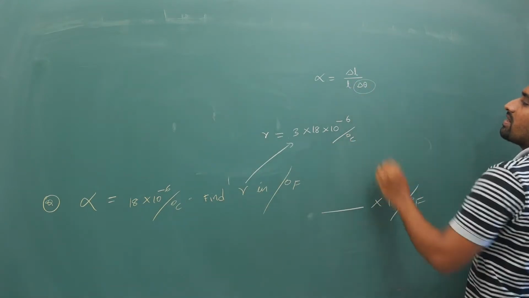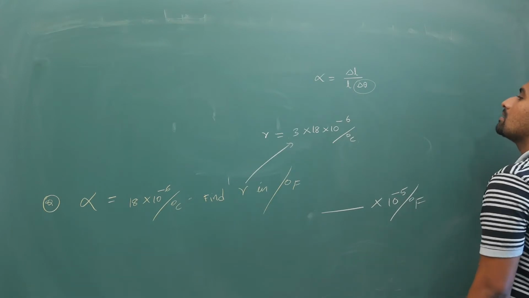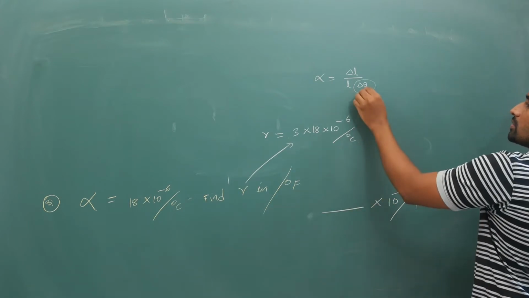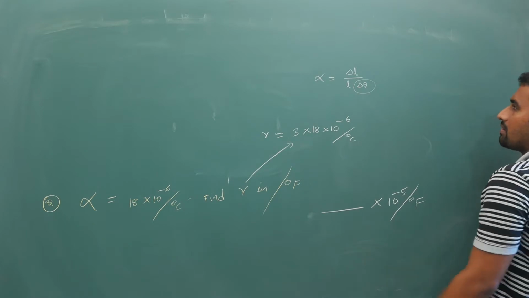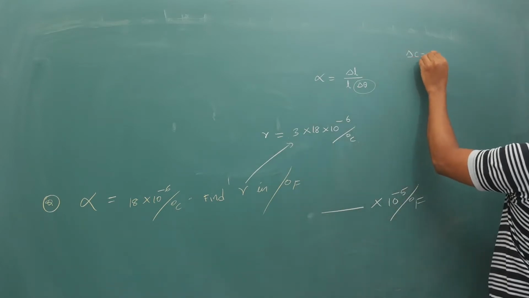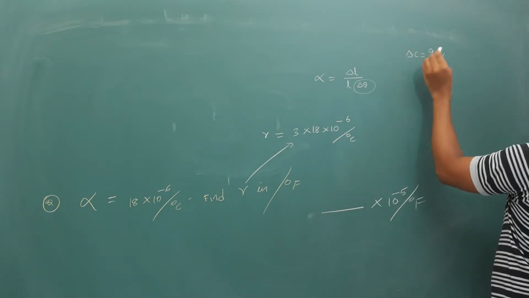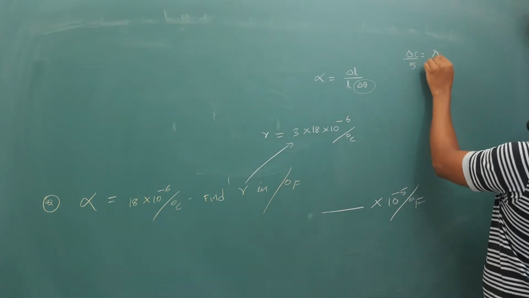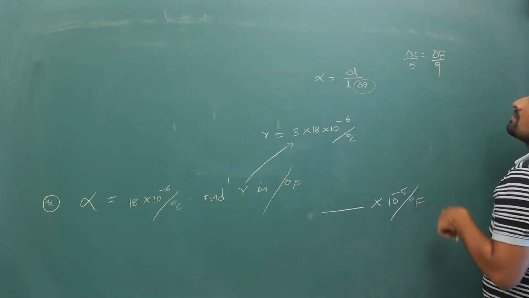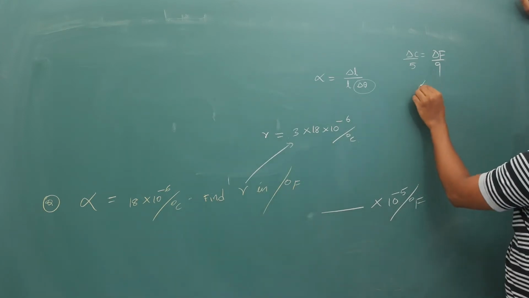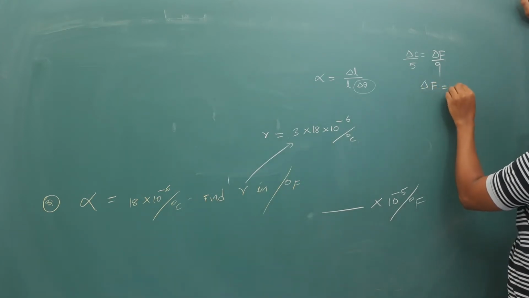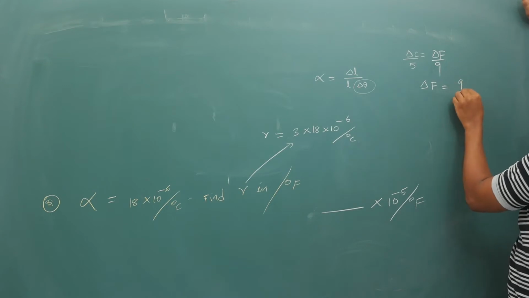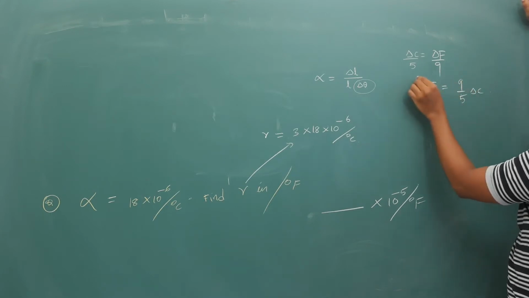In this expression of alpha, delta theta is in degrees centigrade. Now we know delta C by 5 is delta F by 9, so your delta F is 9 by 5 times delta C.